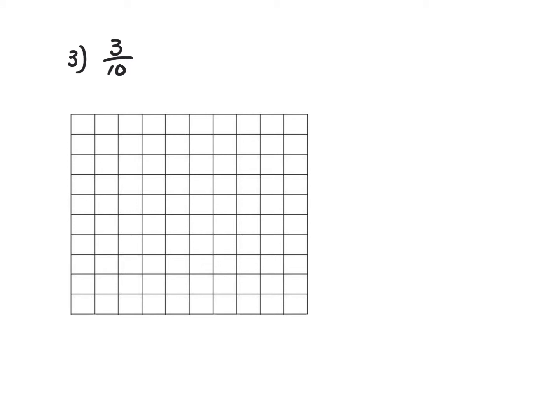Alright, well question 3 asks what about 3/10? So I need to convert 3 over 10 to a percentage. The simplest thing to do is to convert this to a denominator over 100. So what are we going to do? We're going to multiply 10 by 10 to get 100, and what we do to the denominator we need to do to the numerator, so we're going to multiply 3 by 10 as well, which is what I've done over here.